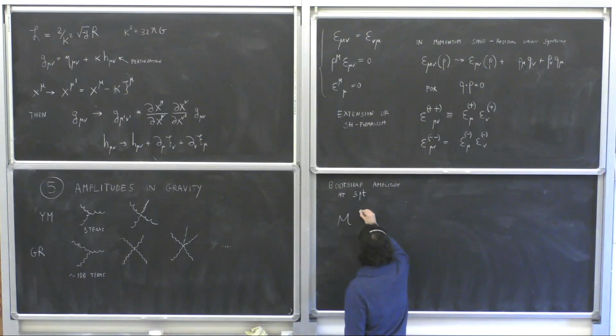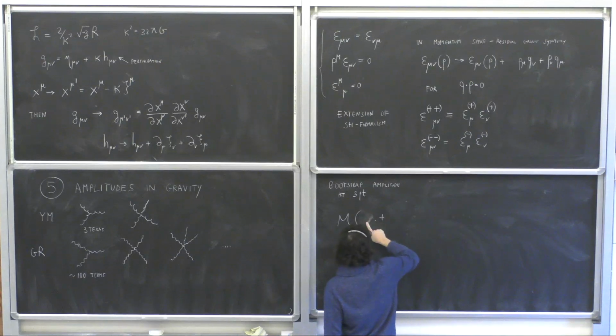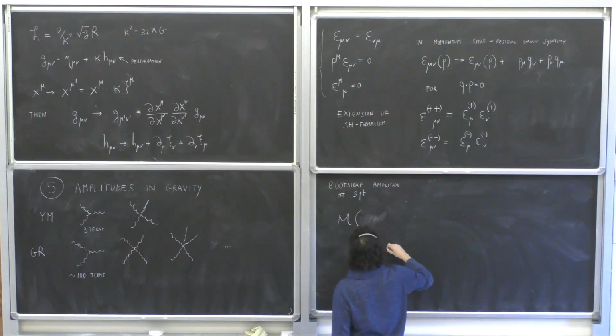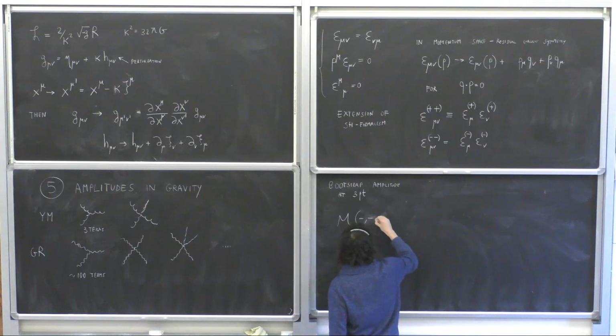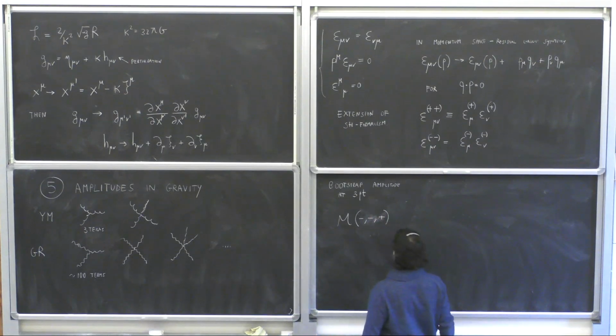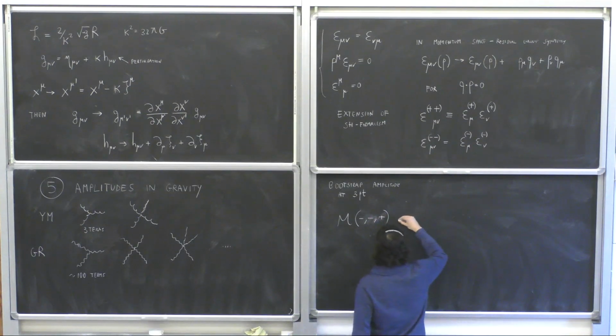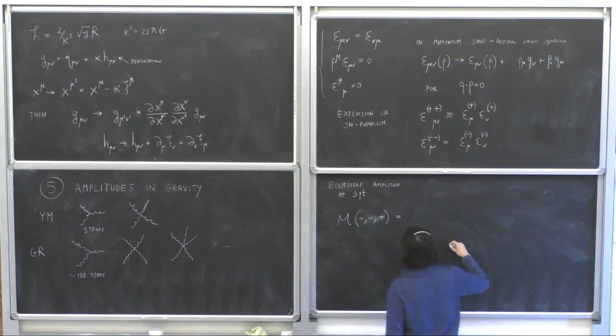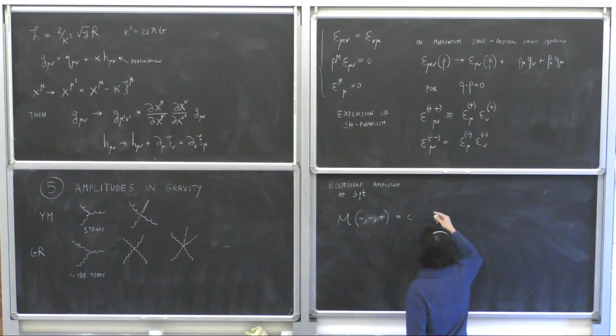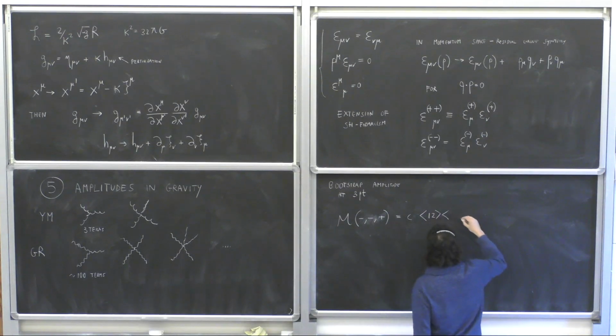So this is the amplitude, just for definiteness, with two negatively polarized gravitons and one positively polarized graviton. Just for concreteness, up to a constant, we can set this to be equal to the only possible structure.